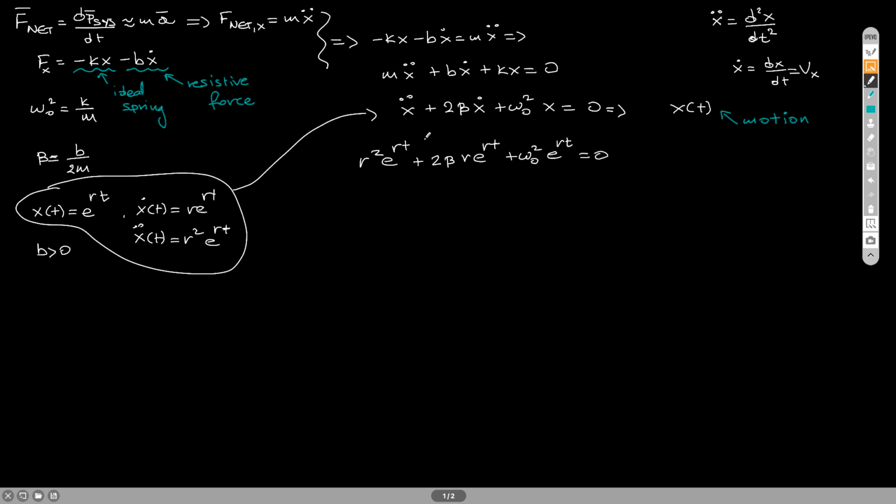Now, for the left side to be equal to 0, I need to have the case where r squared plus 2 eta r plus omega naught squared is equal to 0. And this is what we call the auxiliary equation.